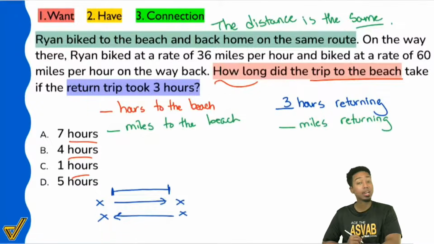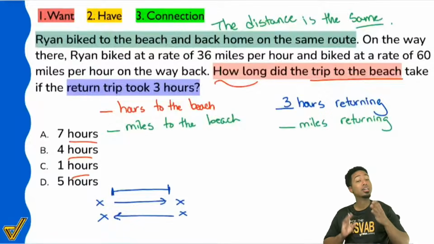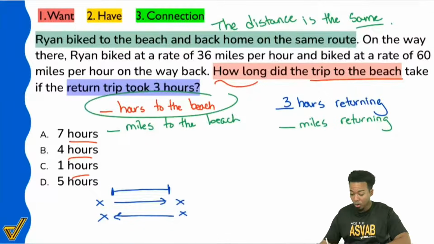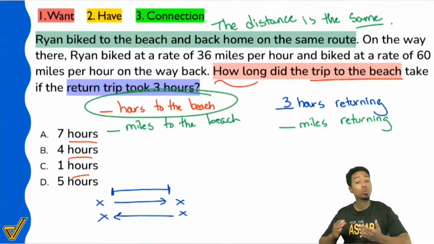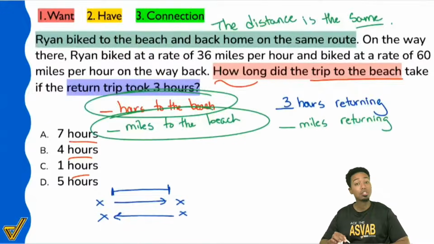Now, let's see where that comes into play. Because, again, as a reminder, we're looking for the hours to the beach. So we're going to need the distance to the beach and the time and the rate to the beach. If we have those pieces, then we're good to go.